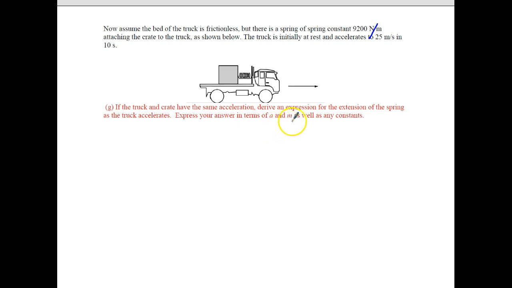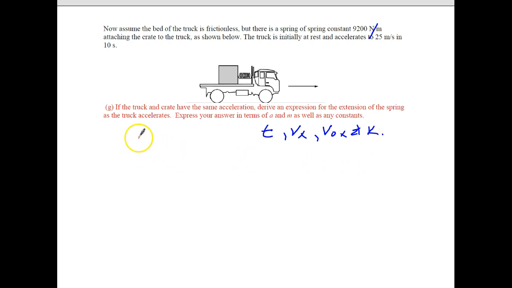Express your answer in terms of a and m, as well as any constants. Some of the things we could put in are time, Vx, V0x, and k, which would be our constant.